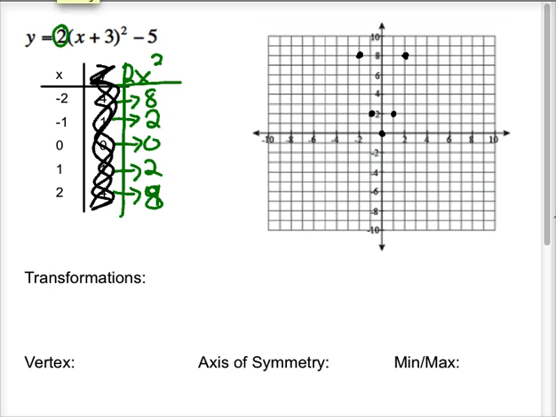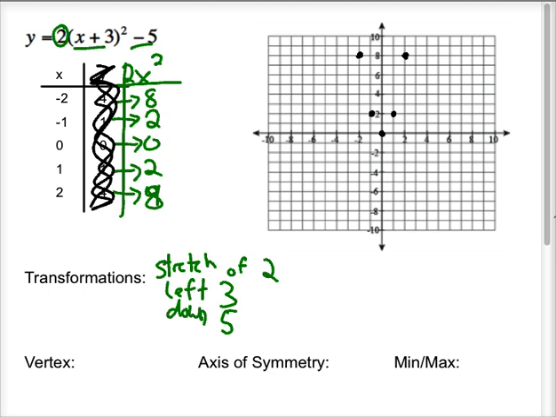So let's talk about those transformations. I've already done a stretch of 2. This is telling me to go left 3. Remember, it's the opposite. And down 5. So let's take all those values. Left 3: 1, 2, 3.